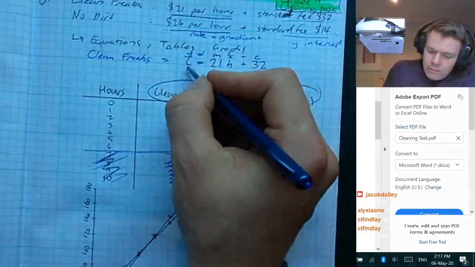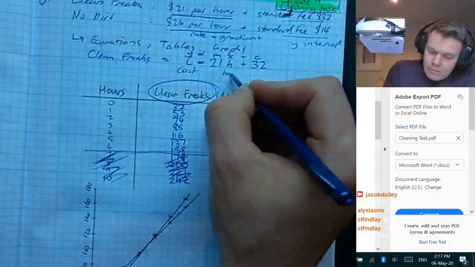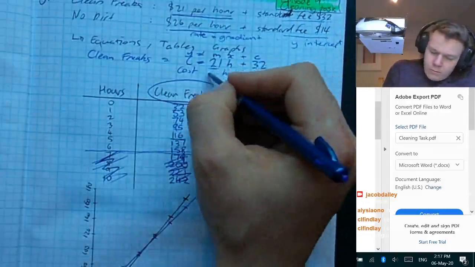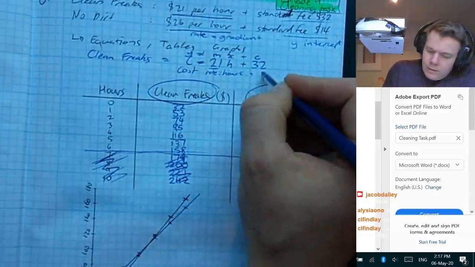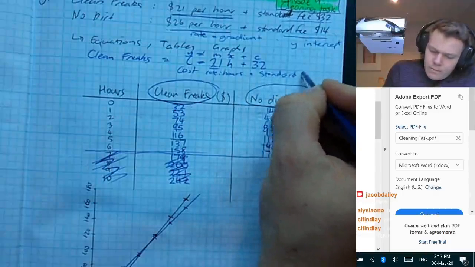So C is the cost and H is your hours, and this is your rate, and then that is your standard fee, your y-intercept.